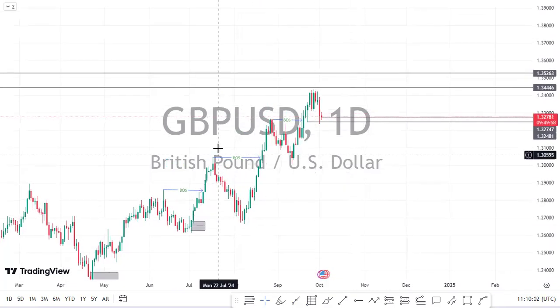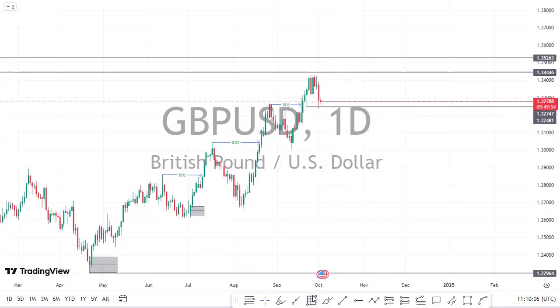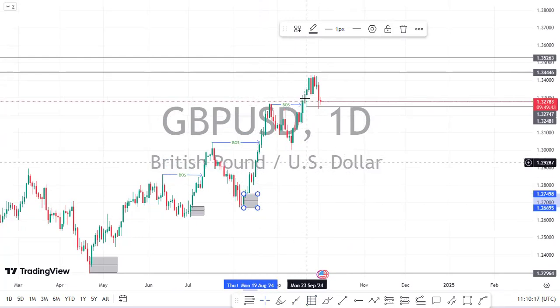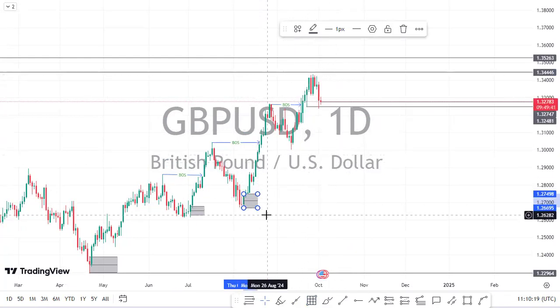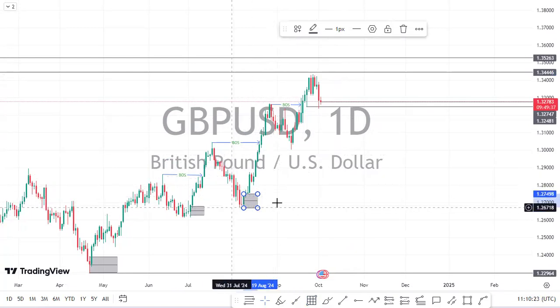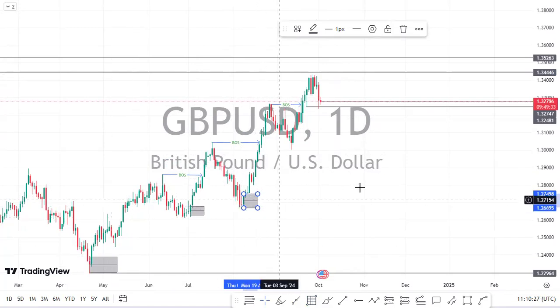Then, with this break of structure, price has not mitigated this order block here. All this is a sign that if price starts falling, the probability of price coming to all these places is high, because they are unmitigated and will be a target for price.